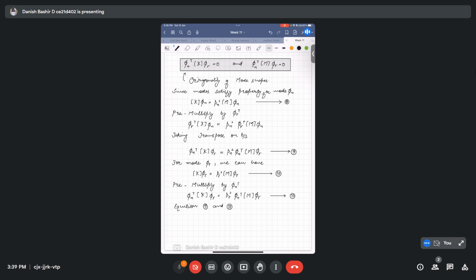So we can write p n square phi n transpose m phi r is equal to p r square.